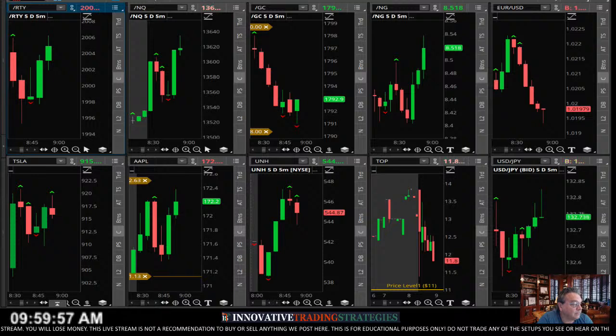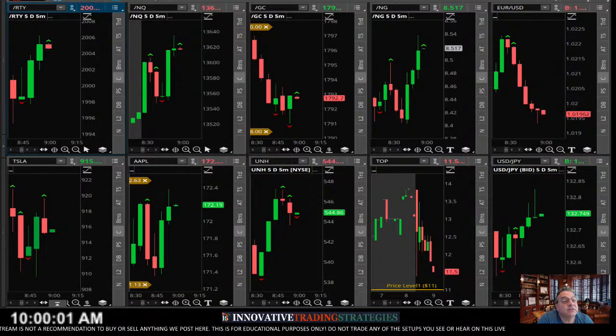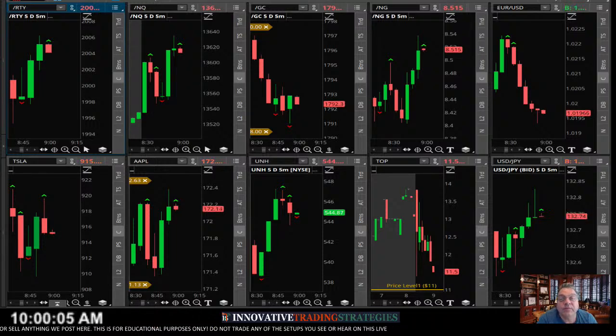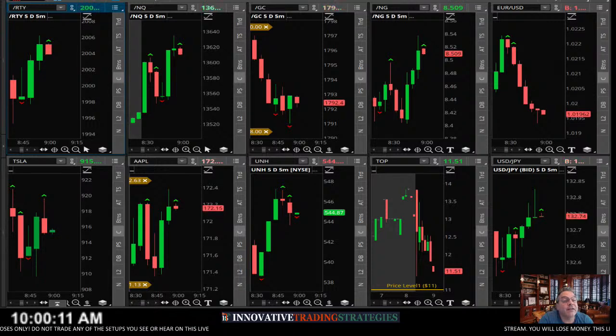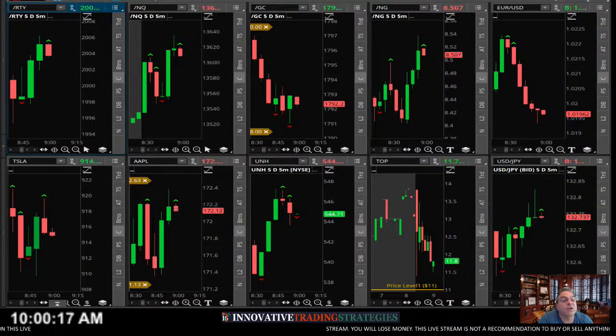The other nice thing is on my entries, unlike a lot of indicators, I am entering at different levels and different spots on the chart where most people are not getting in and out. So I don't have to run into any kind of competition. That's the one thing you're going to run into a lot if you're using breakouts.